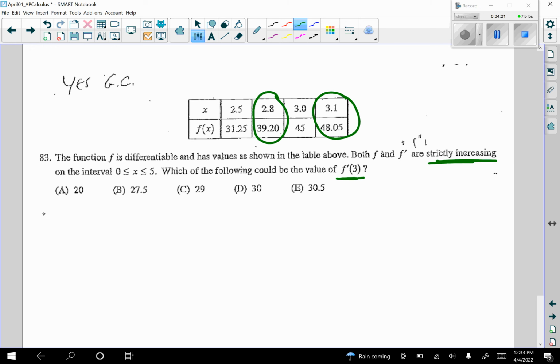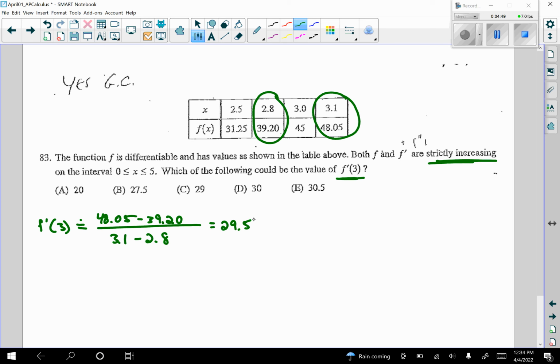So if we were to just find the slope of the secant line, we would say f prime of 3 is approximately 48.05 minus 39.20 over 3.1 minus 2.8. And you're allowed to use a calculator on this one. So if you do that, you should get 29.5.